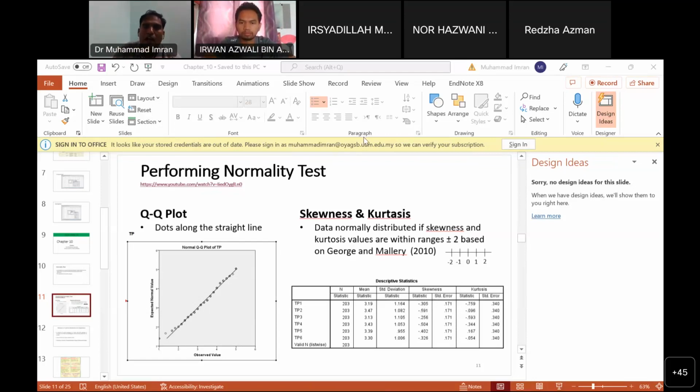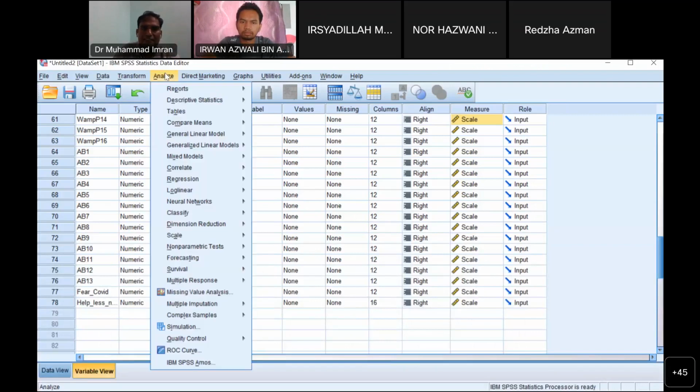Now, how can we run the normality of data in SPSS? Second step: the demographics description we have already done. Now we are going to evaluate the Likert scale, IV and DV.